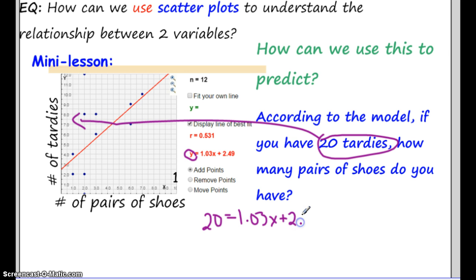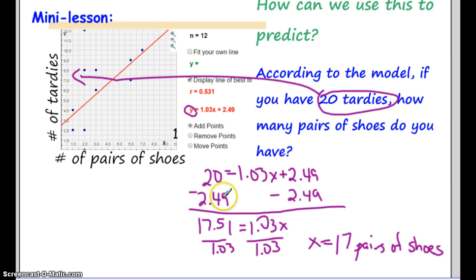Now this is just a regular equation that we're going to work backwards to solve. So we're going to subtract 2.49 from both sides, and then we will divide by 1.03. So after I did the math and the calculations, I got exactly 17, which is 17 pairs of shoes. So according to our model, if you have 20 tardies, you have 17 pairs of shoes.